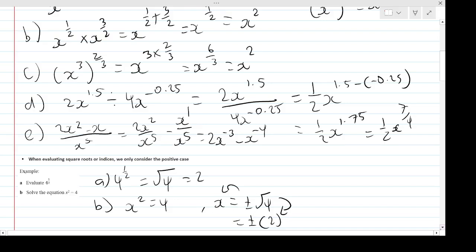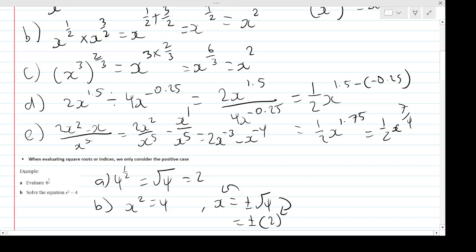To reinforce what I'm saying, in this case we are only evaluating, we're only picking one singular value. We're not solving anything. I guess this makes sense, because a square root of anything should only output a positive answer.